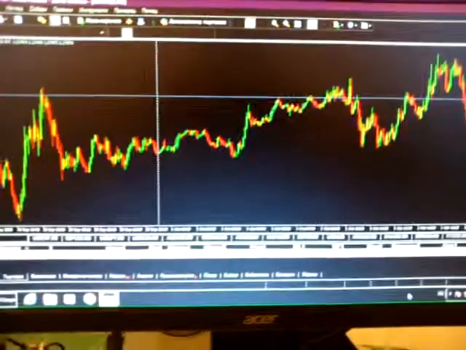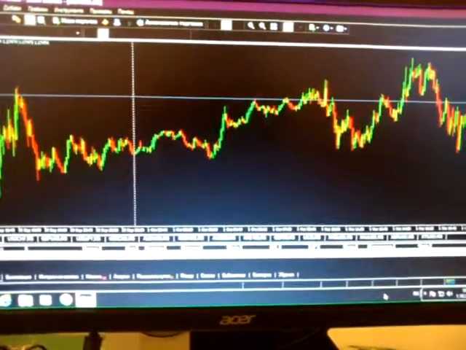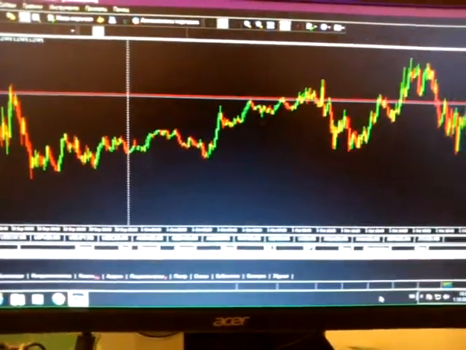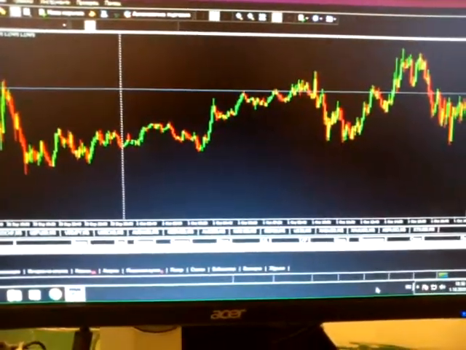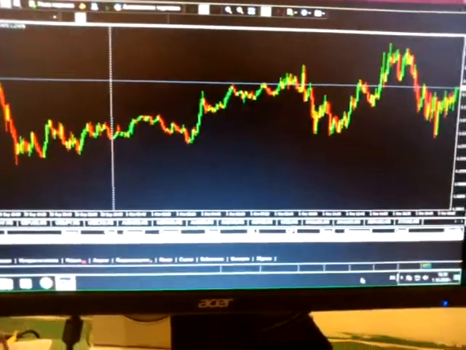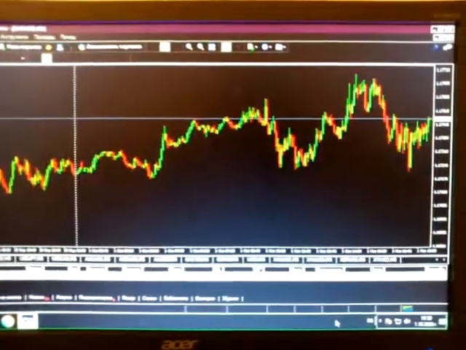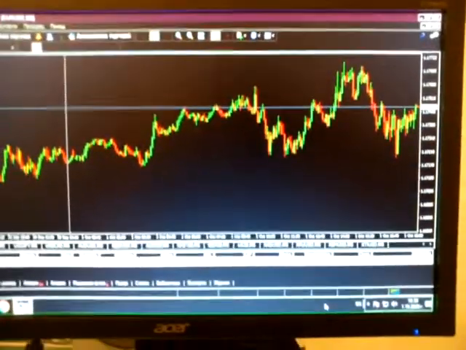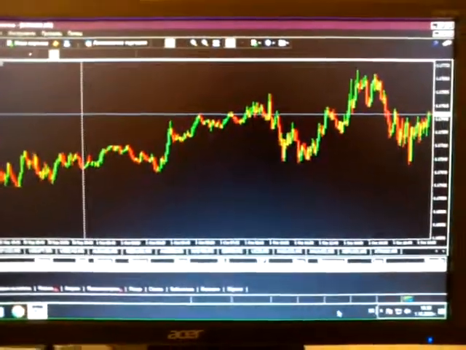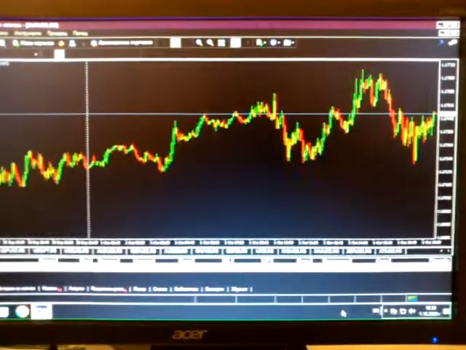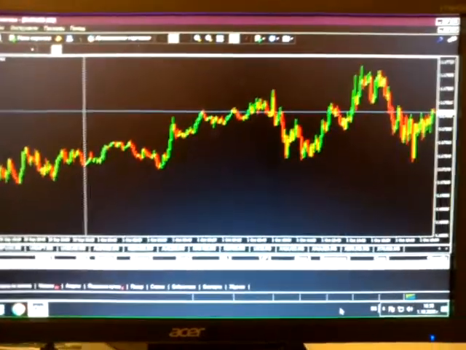Now, let's talk about a chart, okay? This is a chart, euro-dollar. Just a currency pair. It doesn't matter what time frame, what market, and so on.